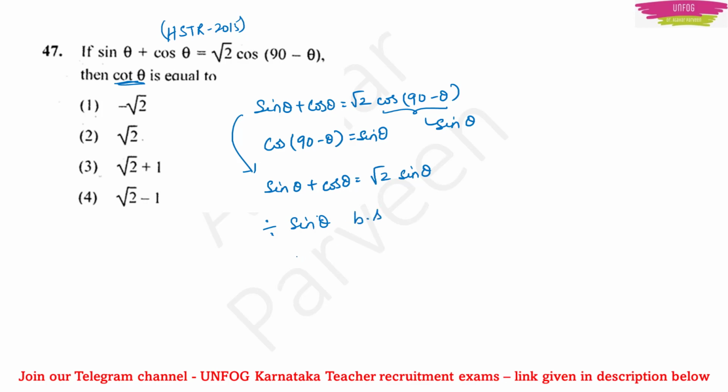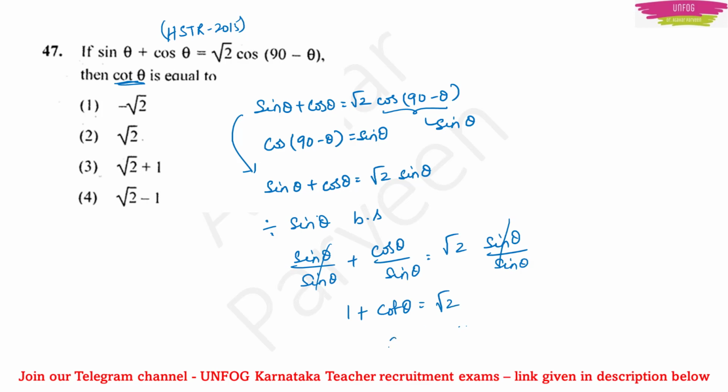So sin theta by sin theta plus cos theta by sin theta is equal to square root of 2 sin theta by sin theta. Now this will get cancelled and this will get cancelled. So I will have 1 plus cot theta is equal to square root of 2, or cot theta is equal to square root of 2 minus 1. Option 4, square root of 2 minus 1 will be the correct answer.